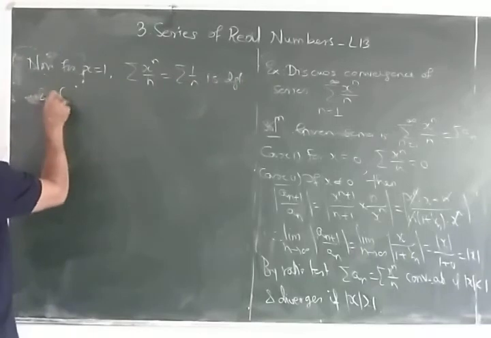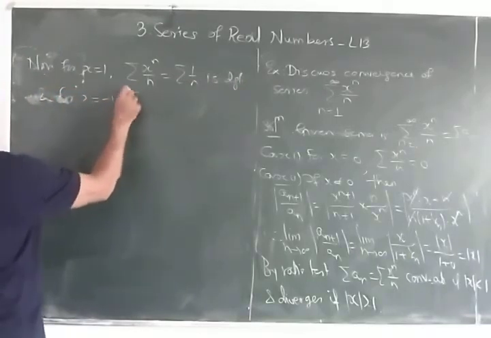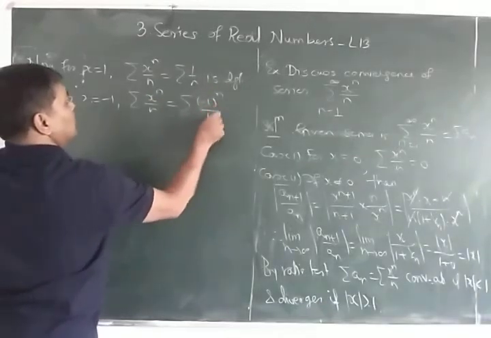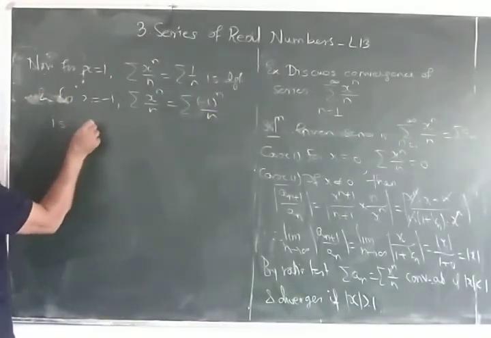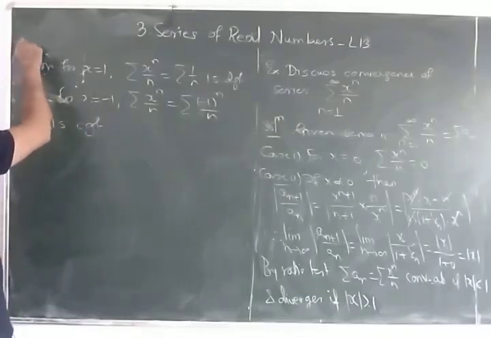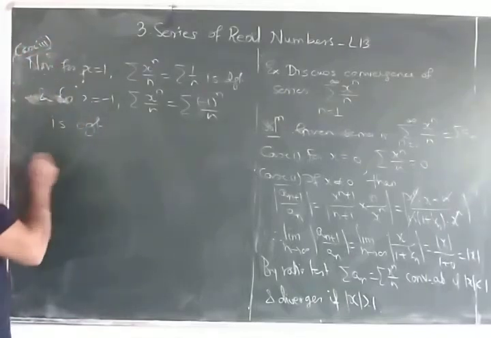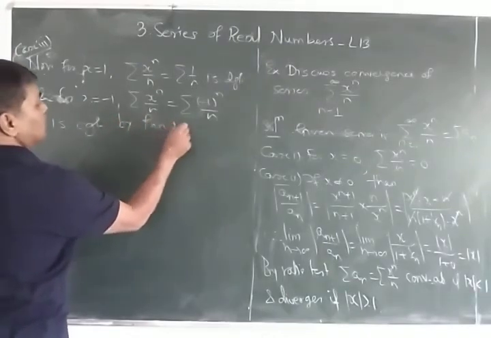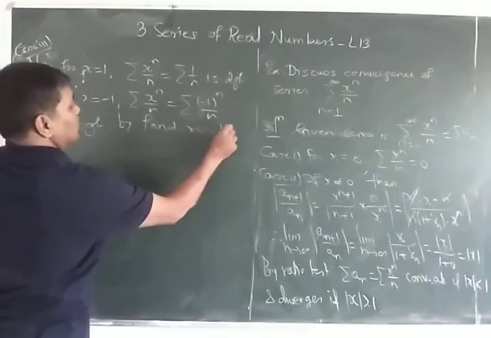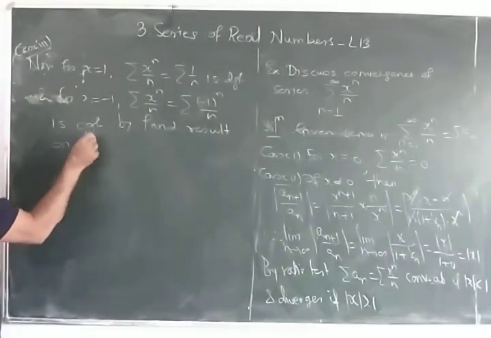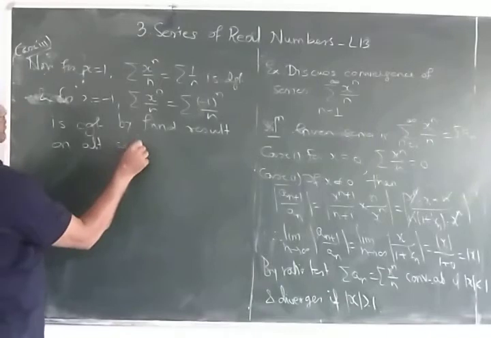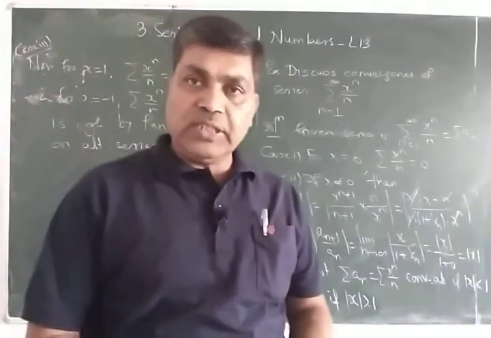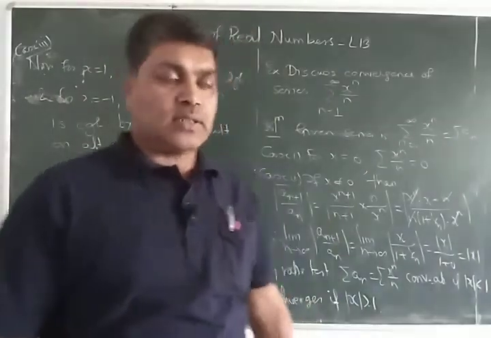And for x equal to minus 1, summation of x raised to n upon n is equal to summation of minus 1 raised to n upon n, which is convergent by the fundamental result on alternating series, because 1 upon n goes on decreasing and the limit of 1 by n is 0. Therefore, that alternating series is convergent.